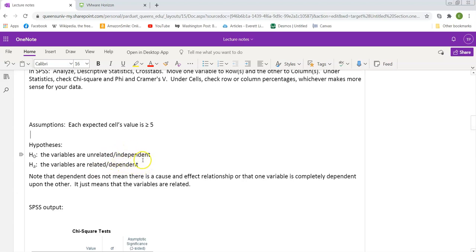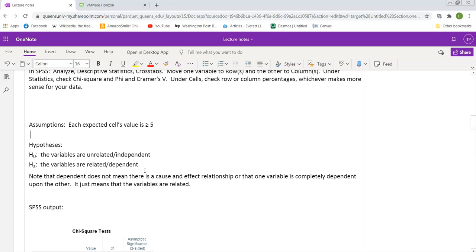Now, this word independent versus dependent, I almost hate to use it. It confuses people so much. When we say dependent, just in everyday language, we mean completely dependent. We mean something like, if it rains, then I'll take my umbrella.